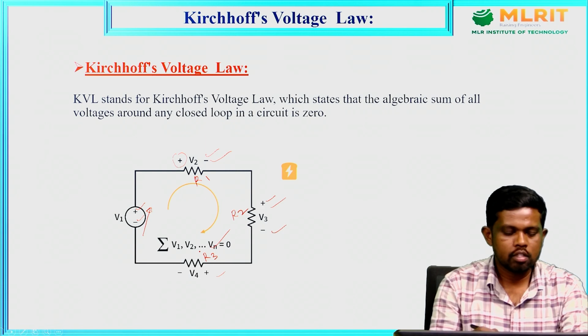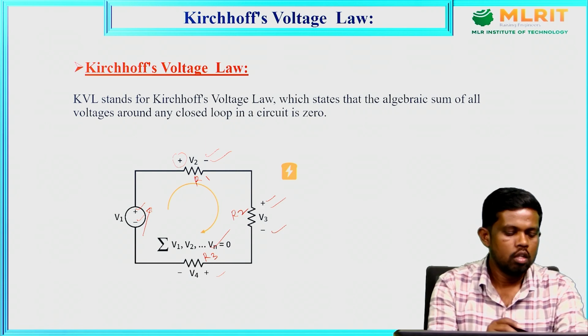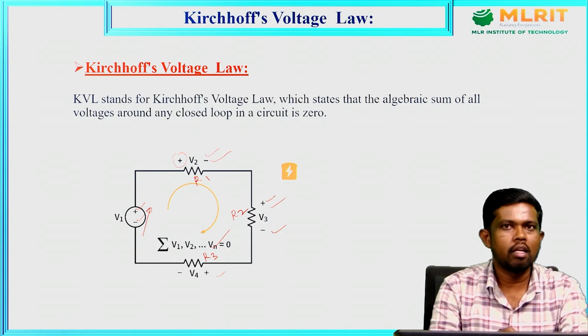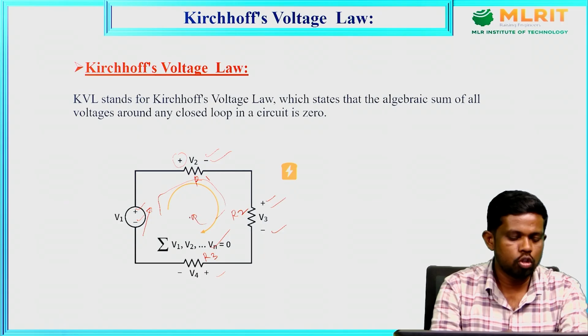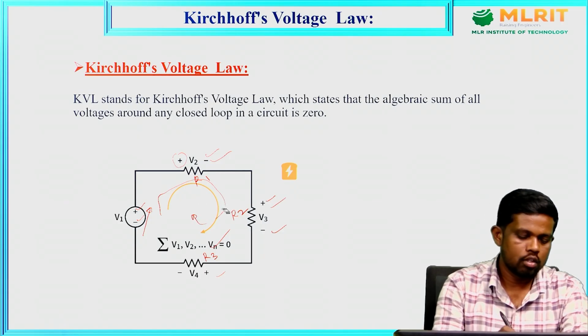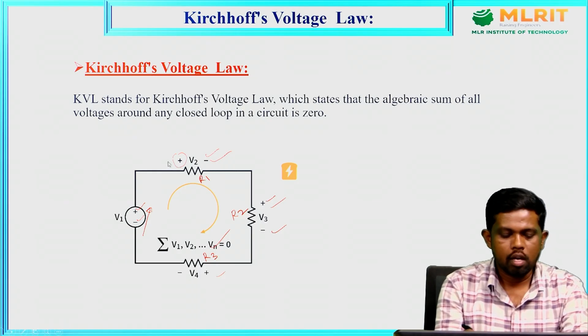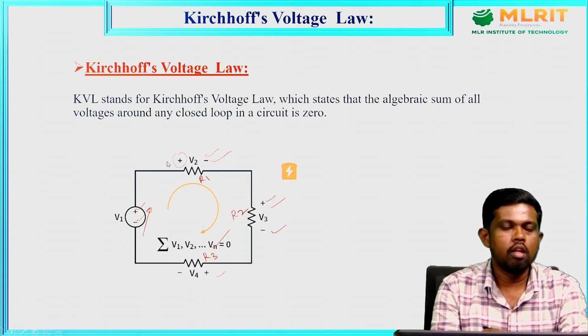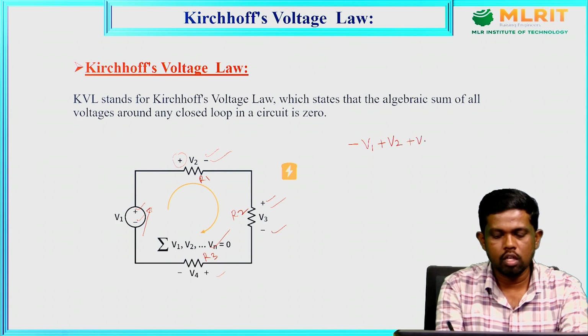Now let us apply KVL. Before writing the loop equation, first we need to assign the current direction in the loop. We assume the direction of current in the loop to be clockwise. Sometimes we assume anti-clockwise, but we get the same equation. Applying Kirchhoff's voltage law in the loop, we get minus V1 plus V2 plus V3 plus V4 equal to 0.